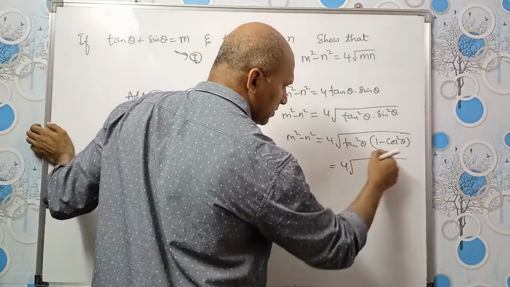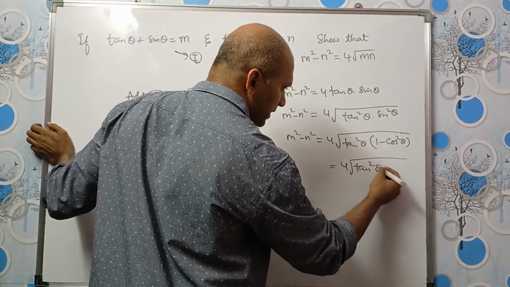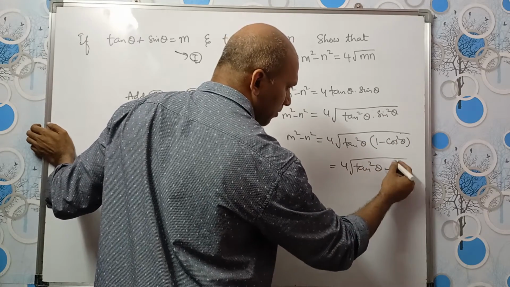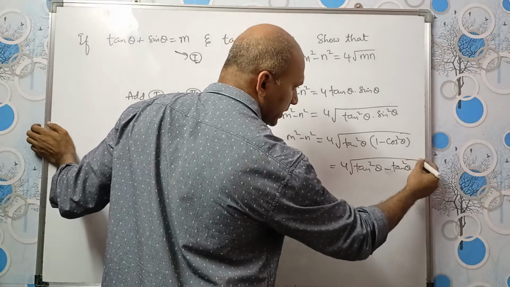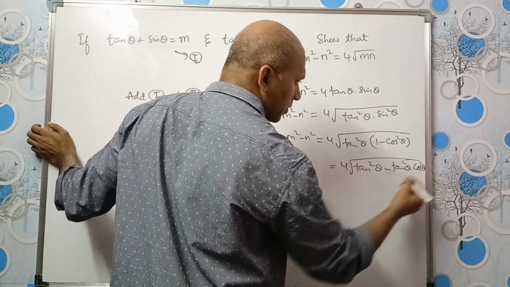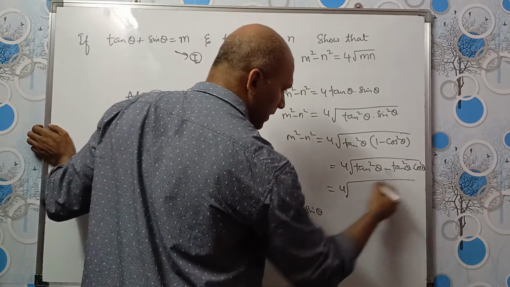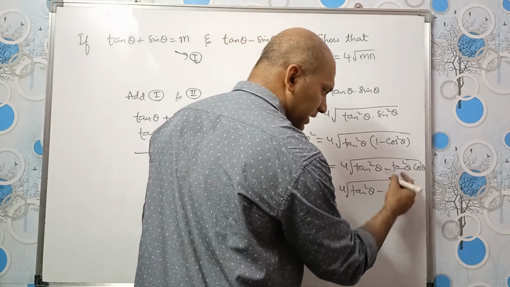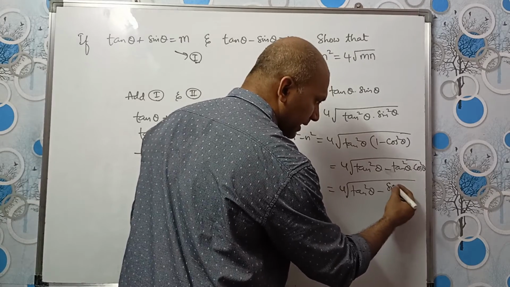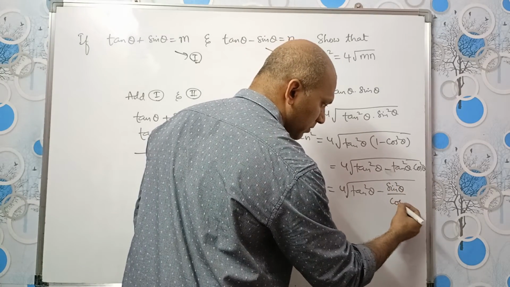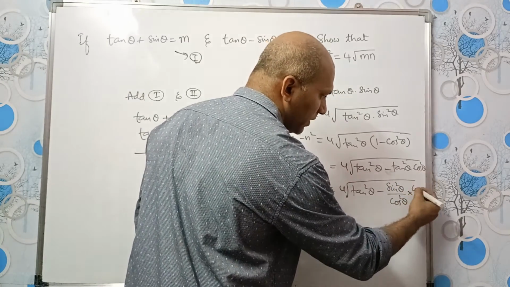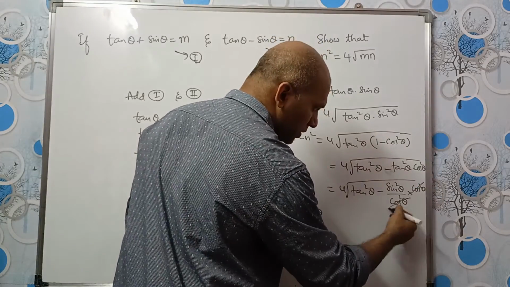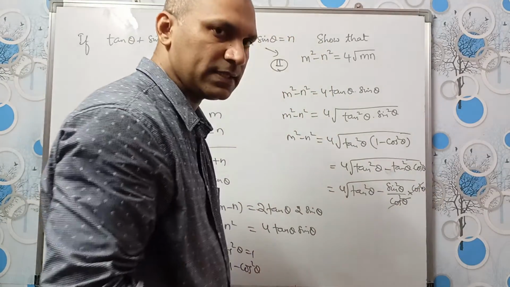So it is 4, let us multiply. It is tan square theta minus tan square theta multiplied by cos square theta. So it is 4 under root of tan square theta minus, what is tan square theta? Tan is sin divided by cos, and we have 1 cos square here. So this cos square theta will get cancelled, right?